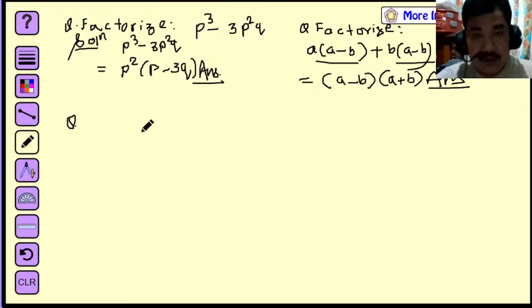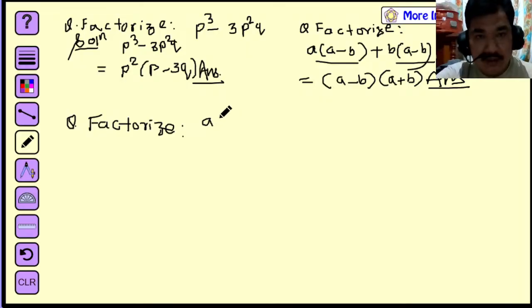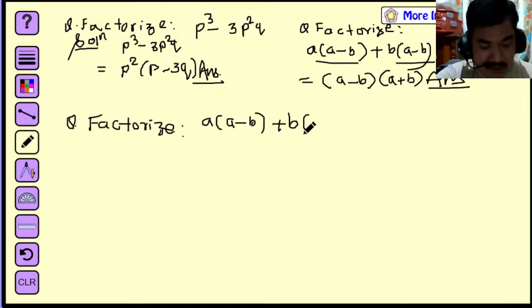Here the question is factorize: a multiplied by a minus b, and next plus b multiplied with a minus b.